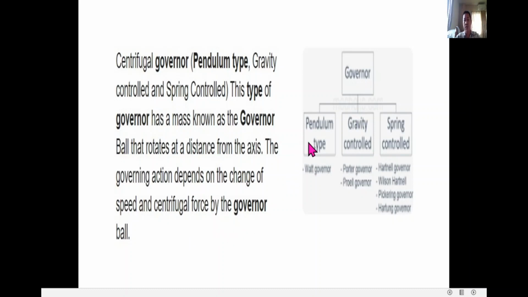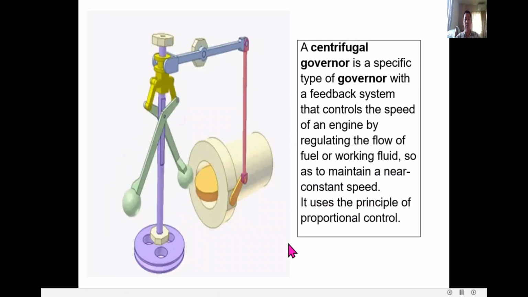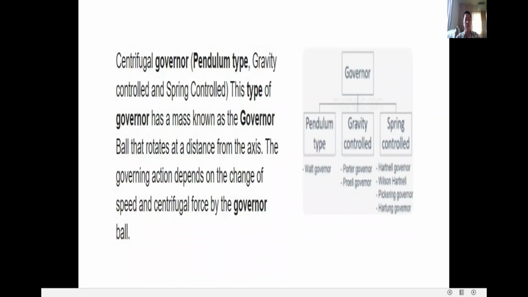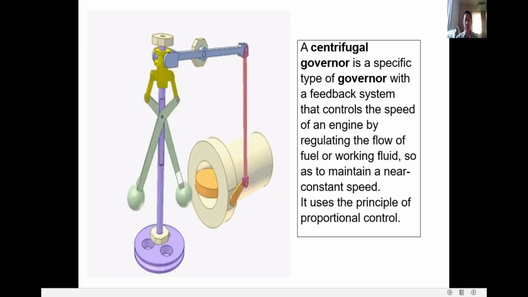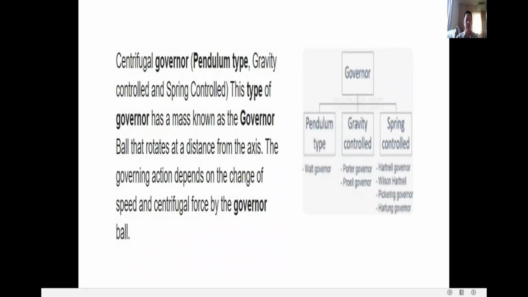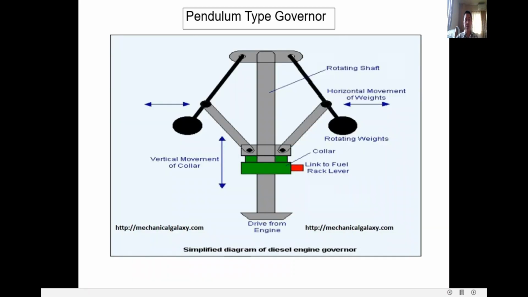So pendulum type, gravity controlled and spring controlled, as described in the centrifugal governor. Pendulum type, so it's also the same. So this is also centrifugal governor.